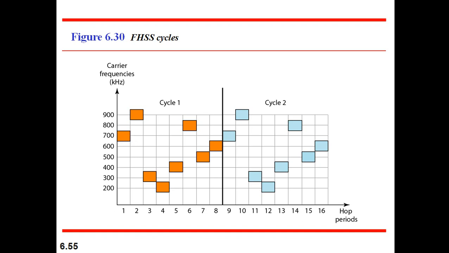For example, if an intermediate node is trying to access your information, it is able to access only a small piece of the code, because it does not know in which particular channel or frequency we are transmitting our information in the next hop. That is one process of how this FHSS mechanism can be used for anti-jamming.